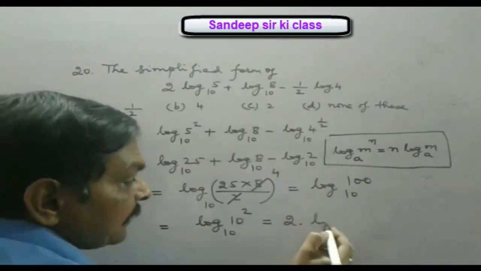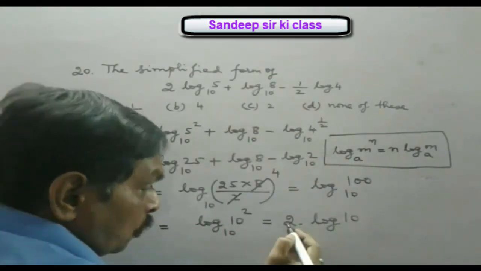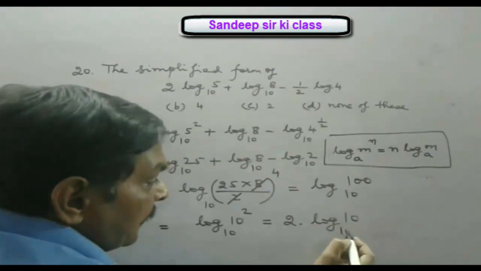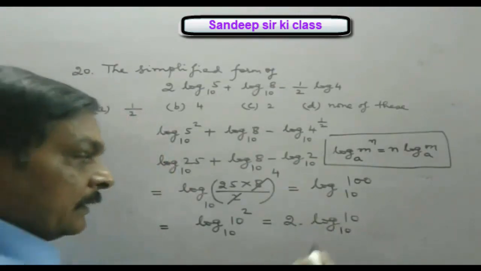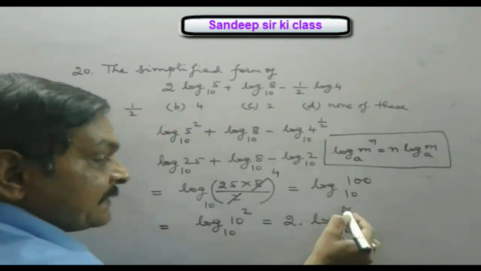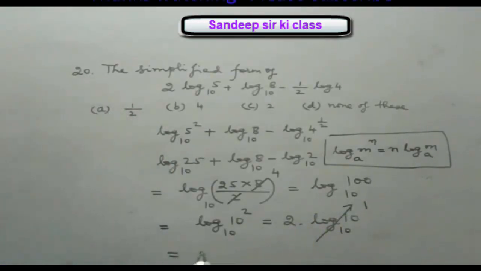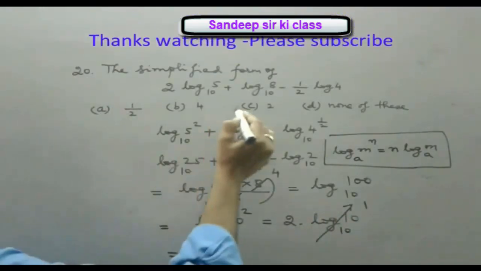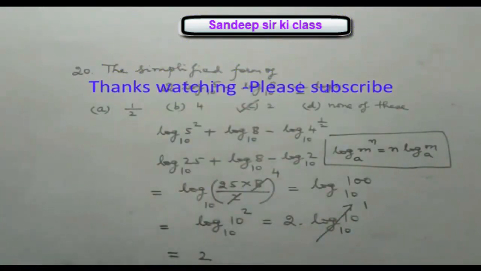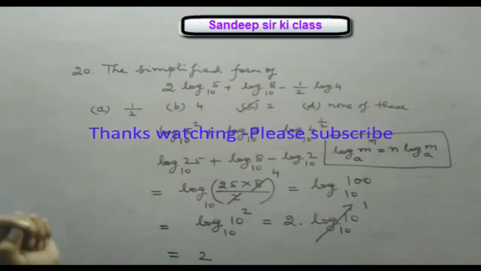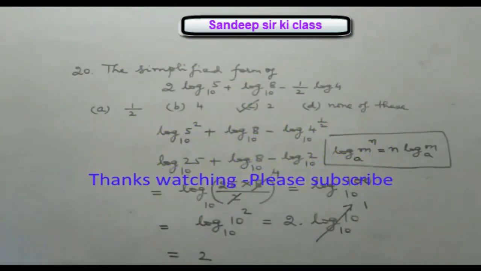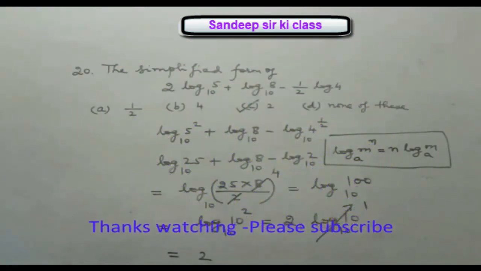So this can be written 2 log 10 to the base 10. And we know that log 10 base 10 is 1. So this answer is 2. Hence our option C is correct. The simplified form of the given expression is 2. Now we will see the next problem.